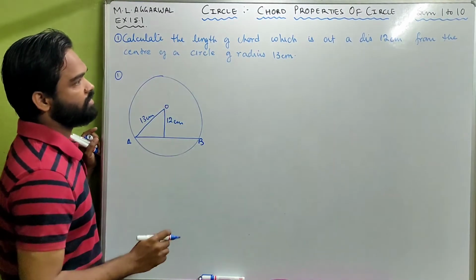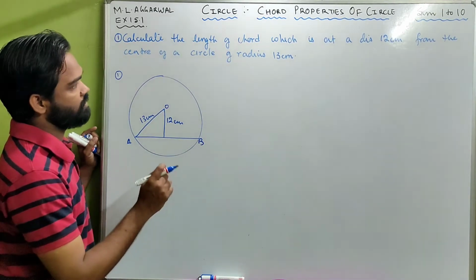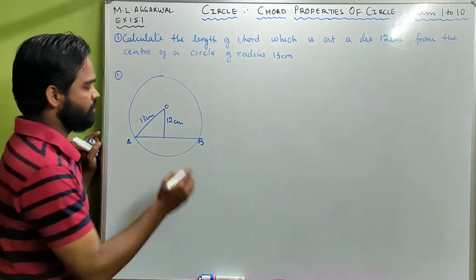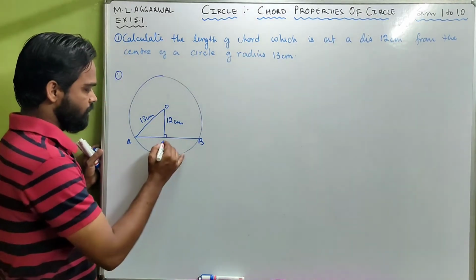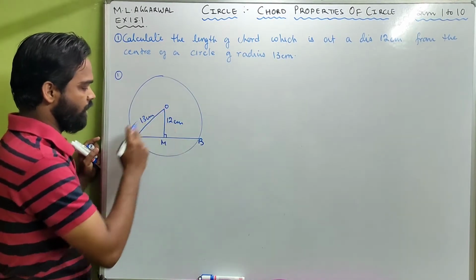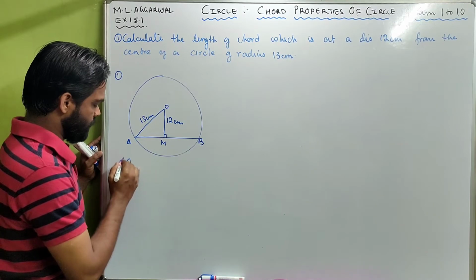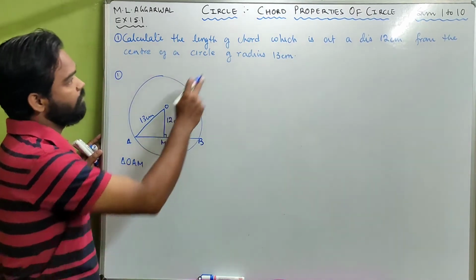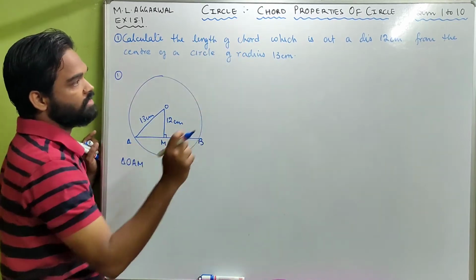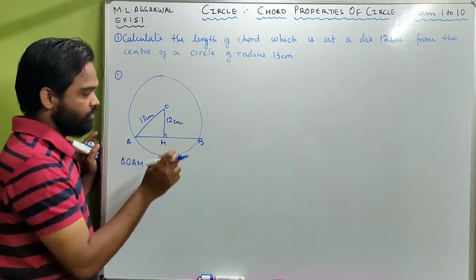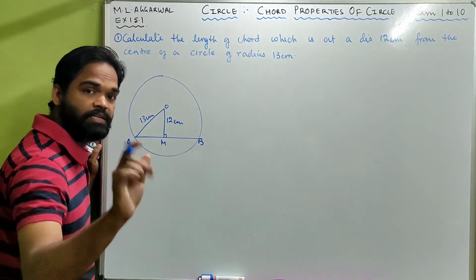Calculate the length of the chord which is at a distance of 12 cm from the center of the circle of radius 13 cm. When you're talking about the distance, we are talking about the perpendicular distance. Now, look at triangle OAM. Remember, the distance is always the perpendicular distance.